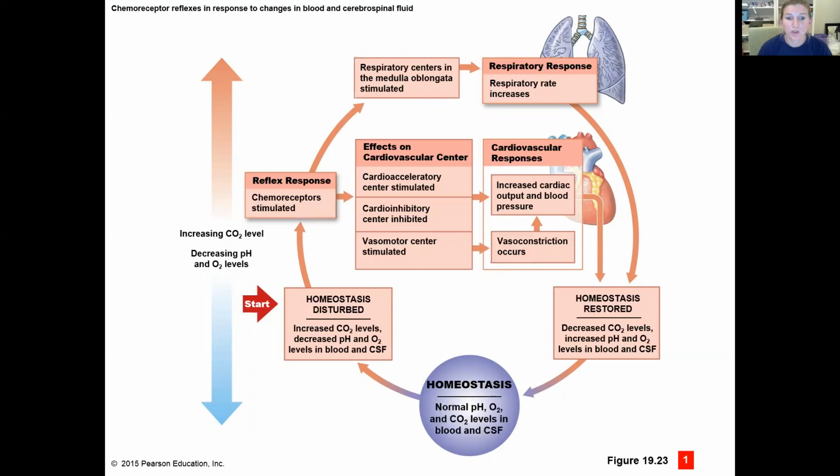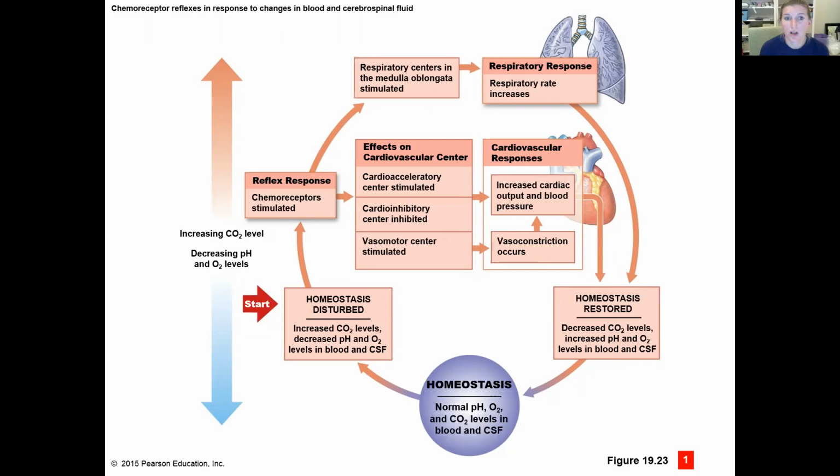So if you have increased carbon dioxide levels or a decreased pH and oxygen levels in your blood and CSF, your chemoreceptor is going to be stimulated. And that's going to stimulate your cardiocirculatory centers and your vasomotor center. That's going to increase your cardiac output. It's going to cause vasoconstriction.